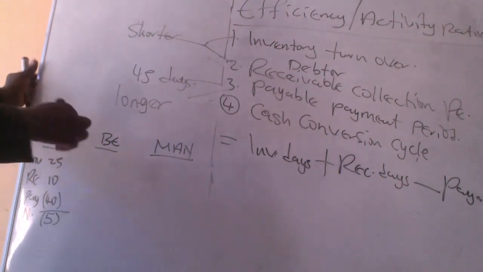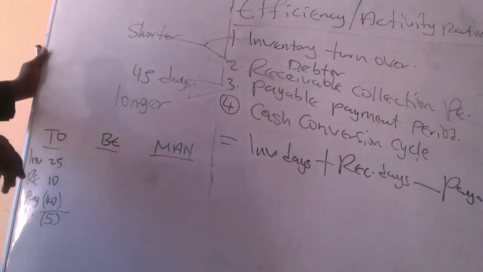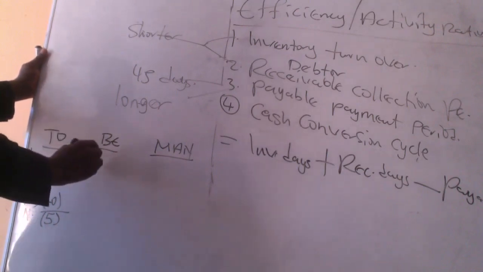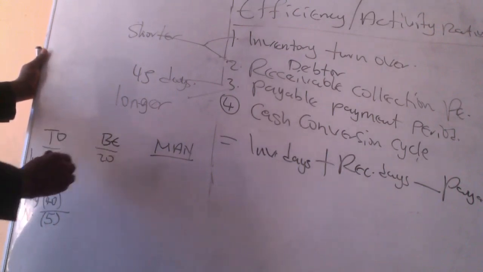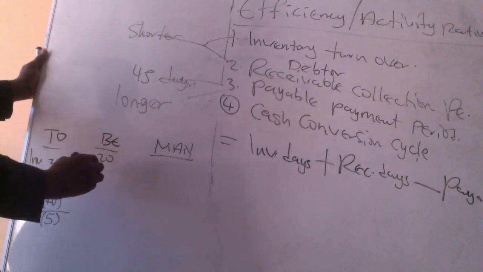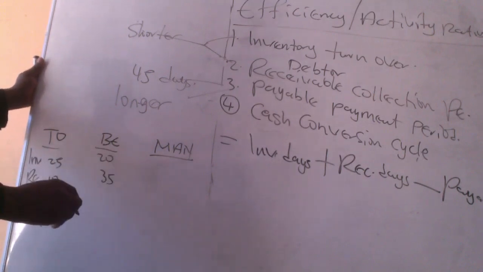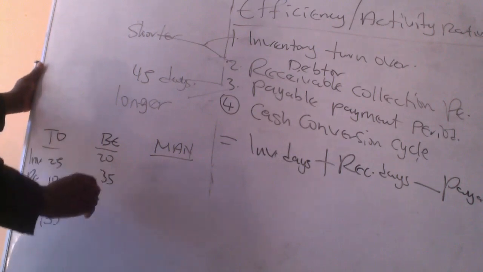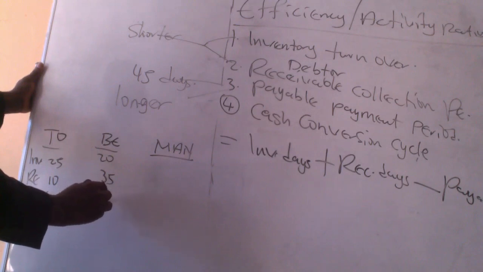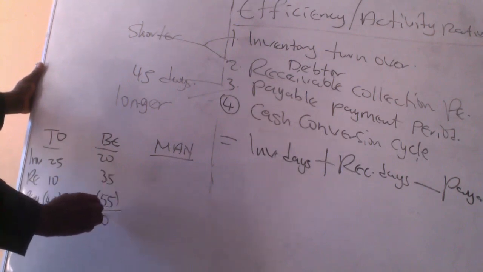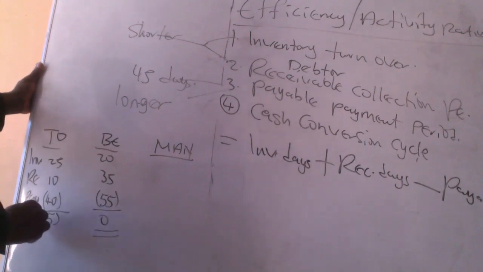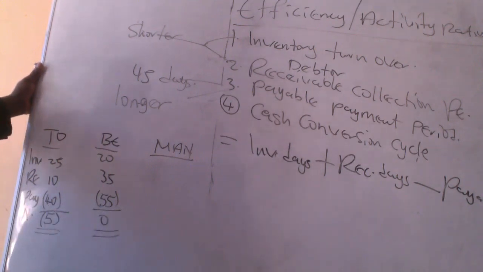Wow. B: inventory days is 20 days, and receivable days is 35 days, making 55. Payable days is 55 days. Wow. So its net operating cycle is 0. Good. The net operating cycle.